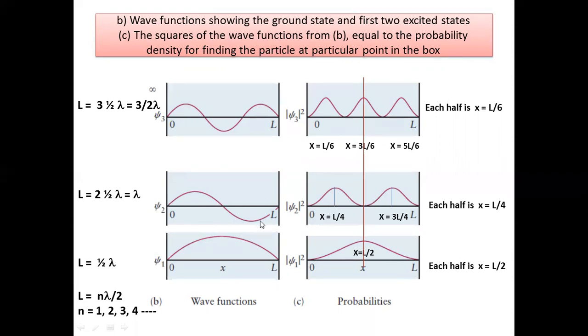Similarly at the second level, this is two halves, and if you look keenly over here, this is just the opposite of the wave over here, because this is positive and this is negative, and the amplitude becomes positive over here. These are the three halves, and this negative will become positive.